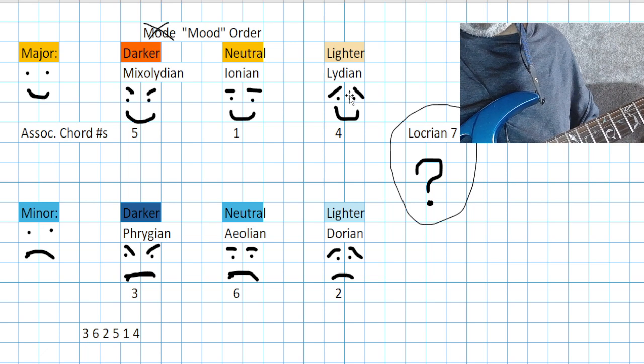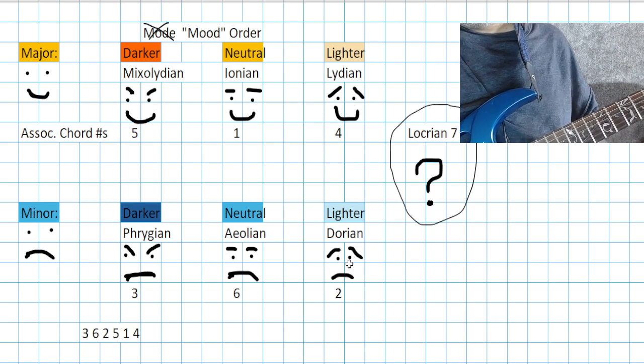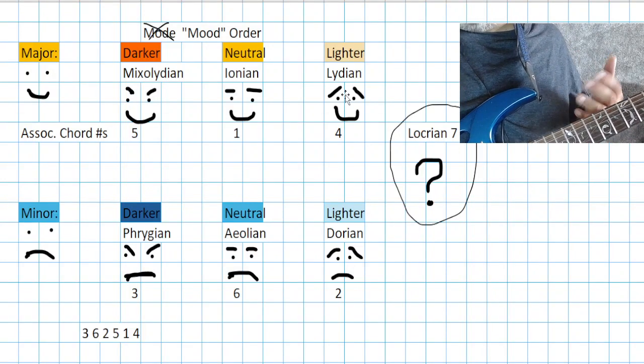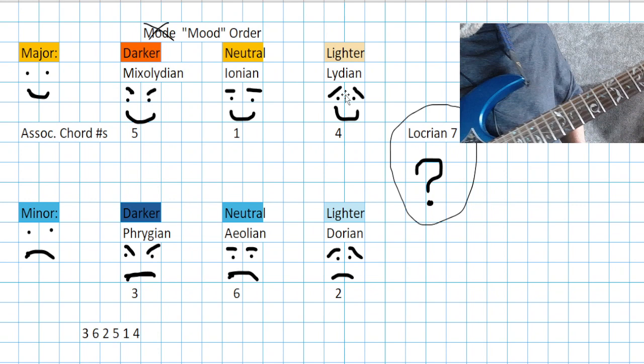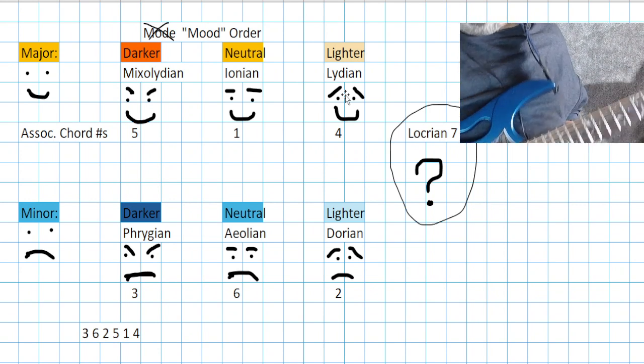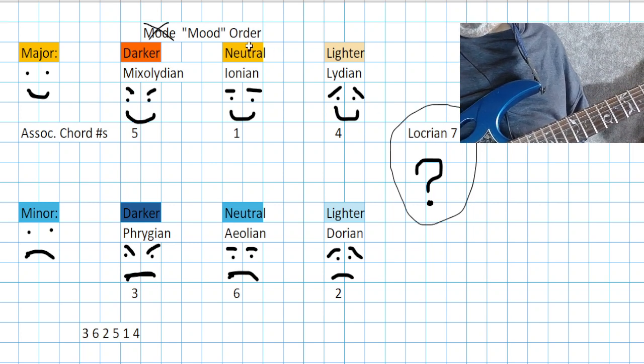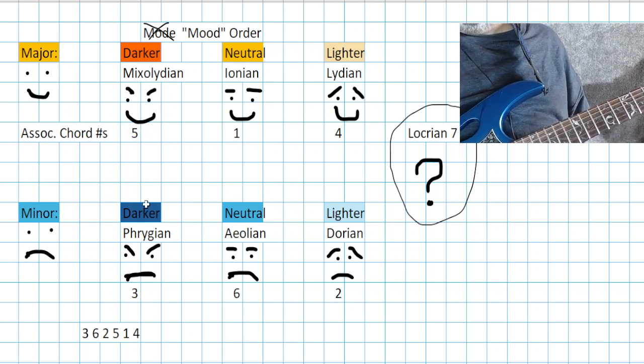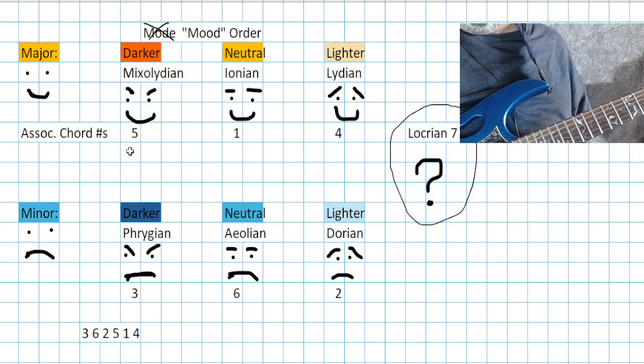So lighter and darker here are also, Dorian and Lydian have a similar relationship, right? And also with chord progressions, this can be useful information.